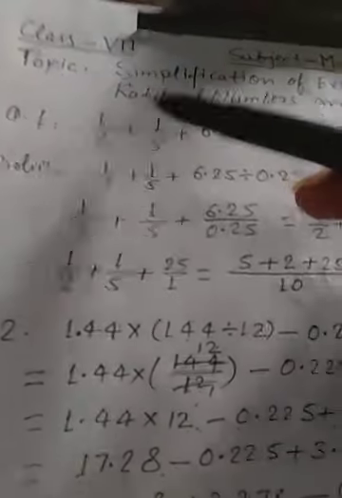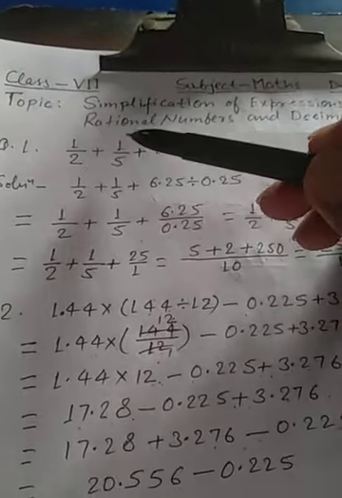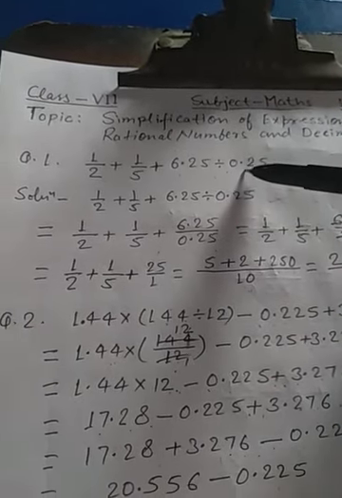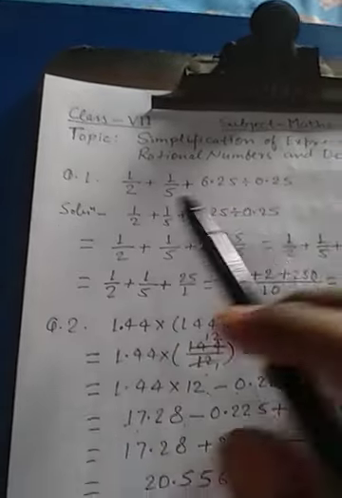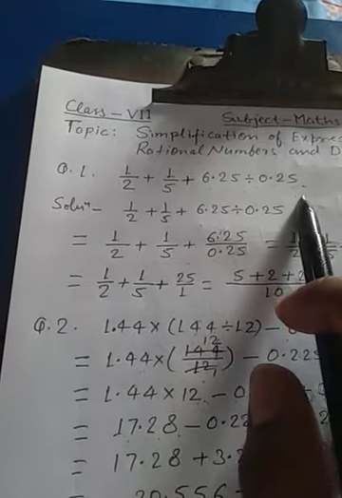Students, here I am taking the first question: 1 by 2 plus 1 by 5 plus 6.25 divided by 0.25. In the solution, first we write the given expression.